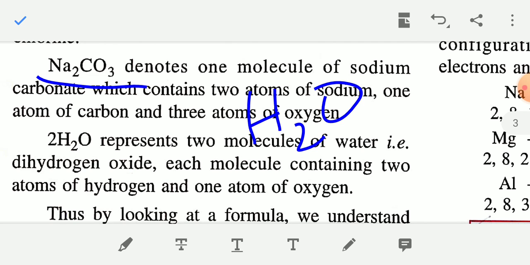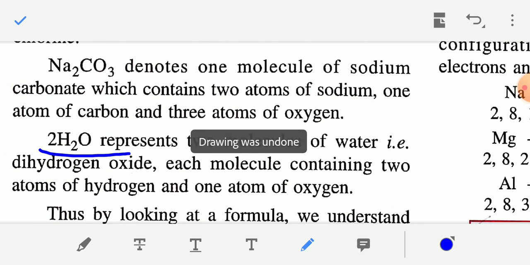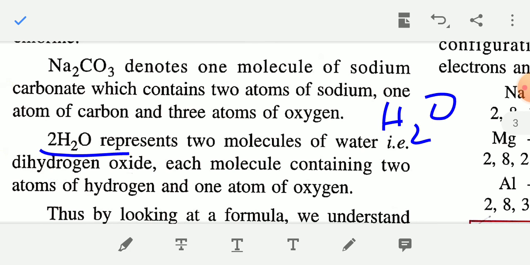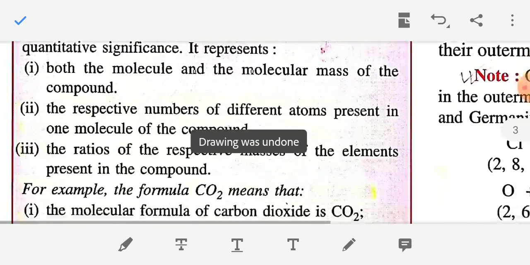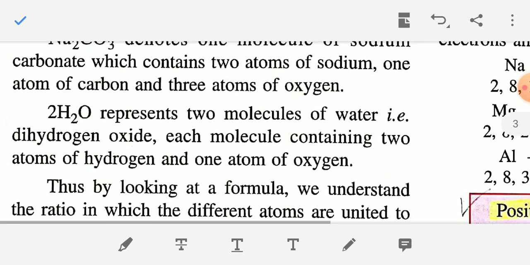H2O means one molecule of water, but 2H2O means two molecules of water. So a molecular formula or chemical formula is used to represent a molecule, while a symbol is used to represent an atom, an element.